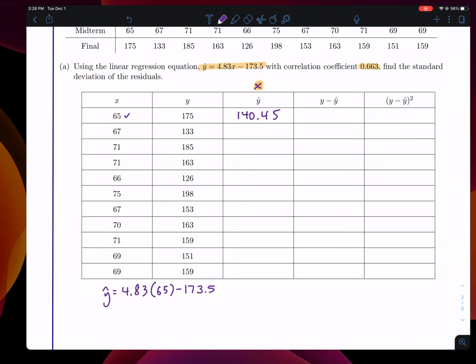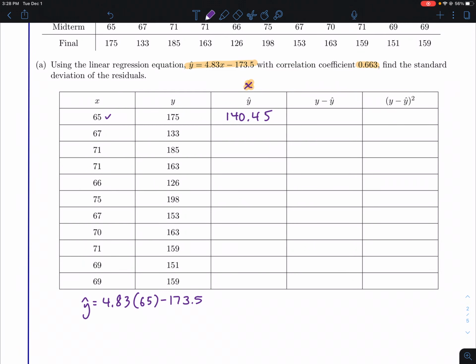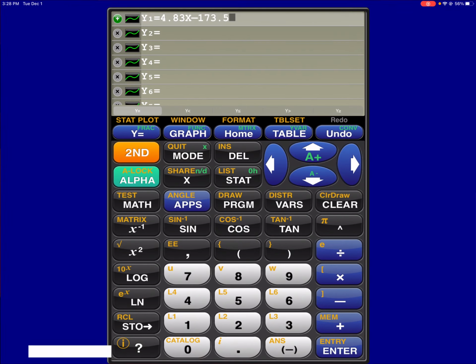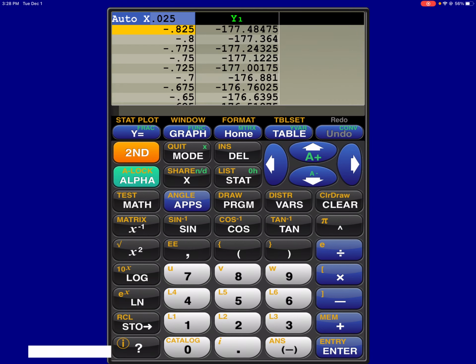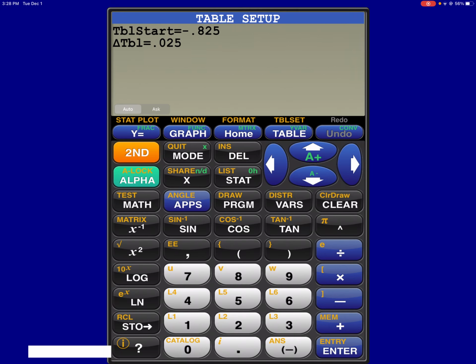No point in getting bad data. 173.5, perfect. The nice thing is, if you go to hit table, oh, I've got it all messed up. If yours looks something weird like that, that means you've got your table setup messed up. So if I go to table setup, usually you want it to be a whole number, like 0, and you want this to be 1.